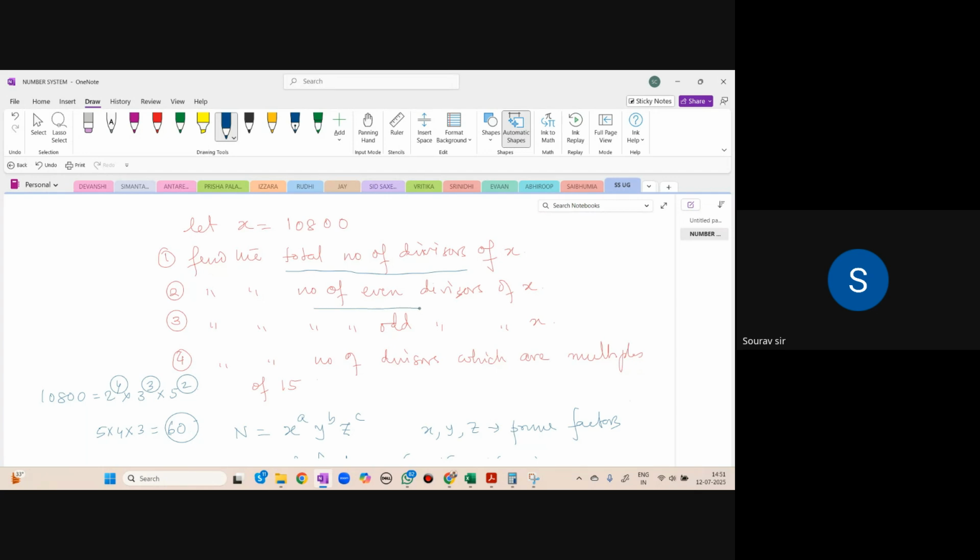Now, number of even factors. So how will you get even factors? To get an even factor, what do you need? What is the condition of an even factor?